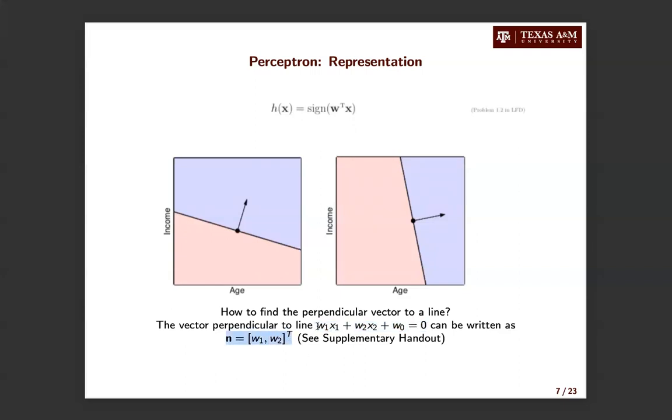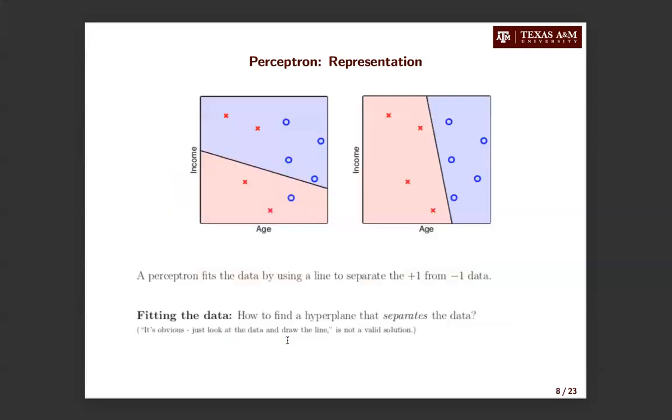So essentially, if we have a line W1 x1 plus W2 x2 plus W0, then the vector which is perpendicular to this line actually contains the first two weights of this line. And there is a separate proof for that that will be provided in a supplementary handout.